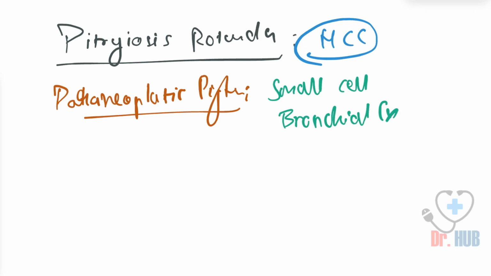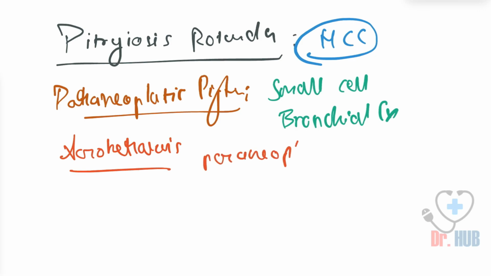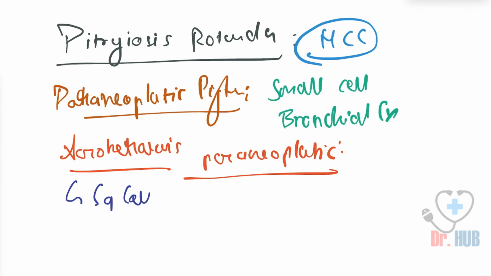Then we look at acrokeratosis paraneoplastica. This refers to the malignancy of the squamous cell carcinoma, and this is of the upper respiratory as well as the gastrointestinal tracts.